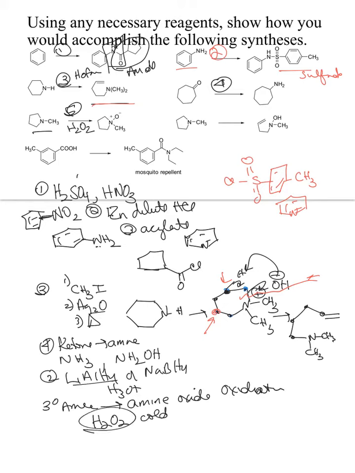Okay, number 6 here. As you can see, this would be a Cope elimination. And the reason why you know it's a Cope elimination is that it does an oxidation before it does an elimination. And the oxime here shows you that you oxidize the amine. So how do you do that?